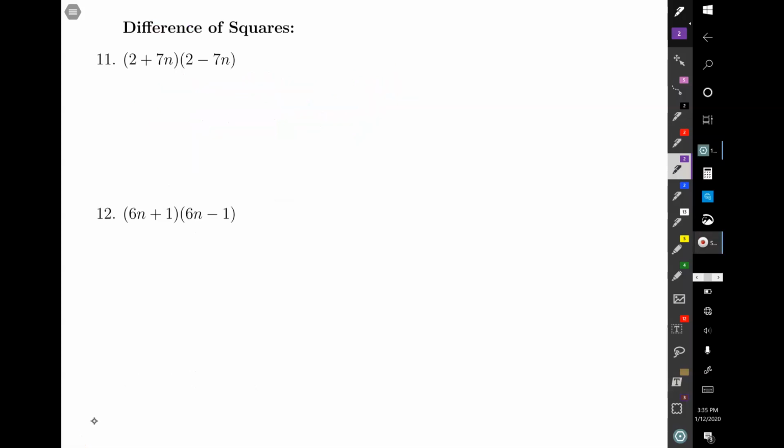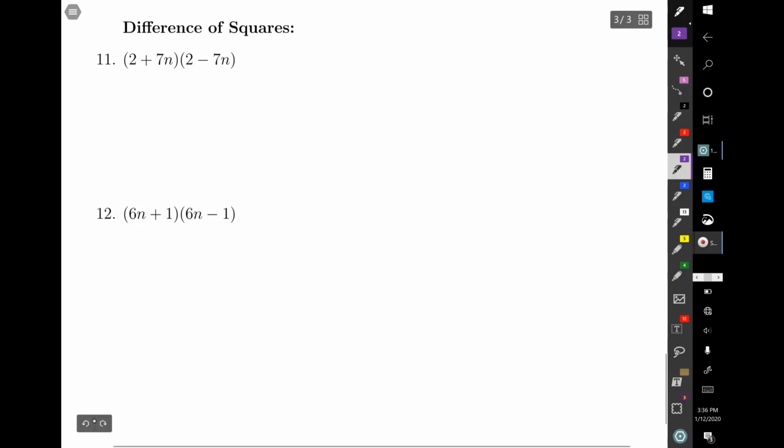Okay, number 11, we're going to look at the difference of two squares. That's how this answer will come out. 2 plus 7n, that's all in parentheses, times the other binomial, 2 minus 7n. So they're pretty much the same, except they have opposite signs. So let's do our first, outside, inside, last, FOIL thing, distributing, to see what happens.